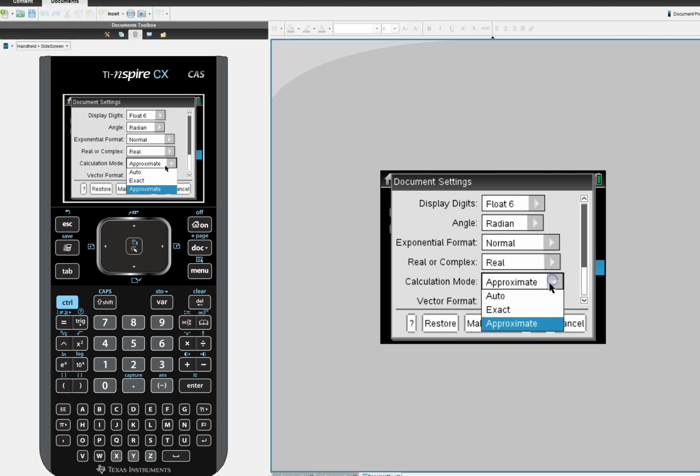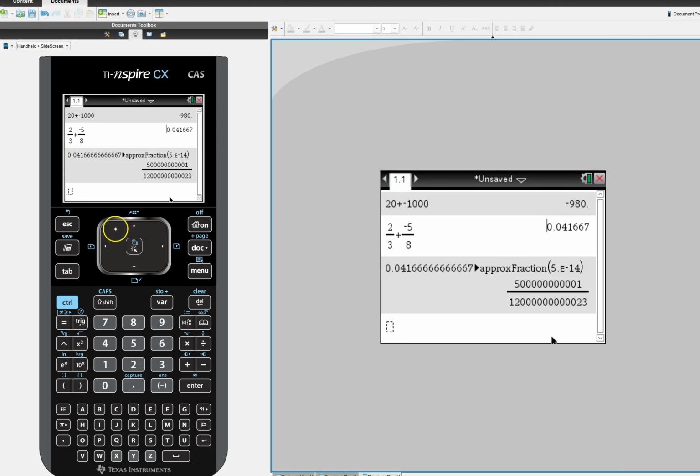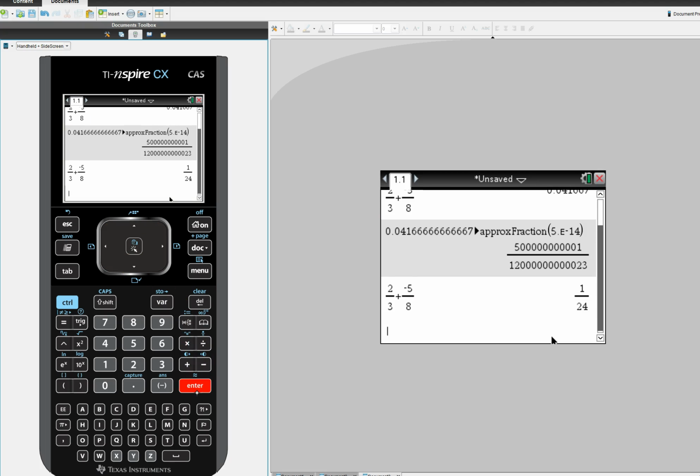Normal, approximate, make it auto. Let me try that again. How about that? Does that look a little better? That just shows you the limitations of the calculator. It rounds off things even though it goes really far, it's not exact. So be careful. You've got to be smarter than your calculator.